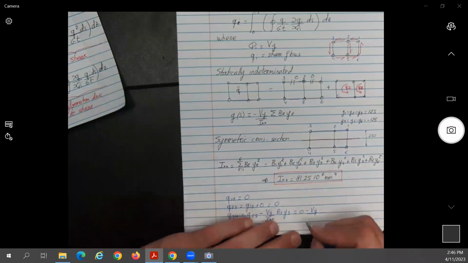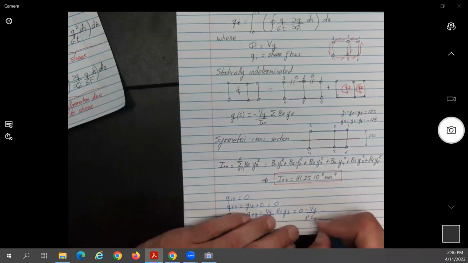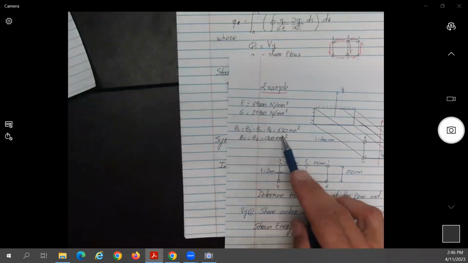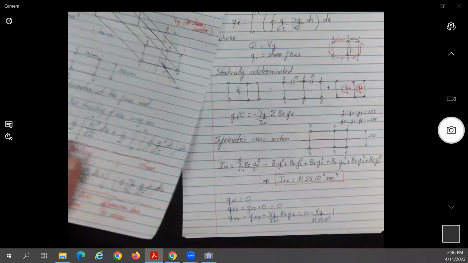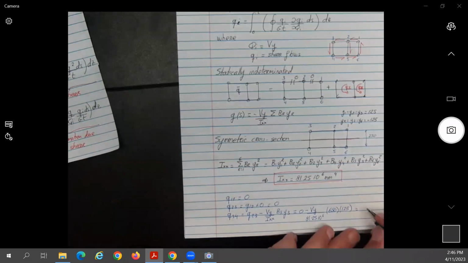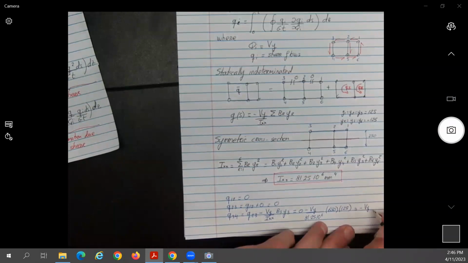Divided by the 81.25 times 10 to the 6, times, what is the value for B3? B3 is 650. What is Y3? 125. And if you do the calculation, this should give you minus Vy over 1000.